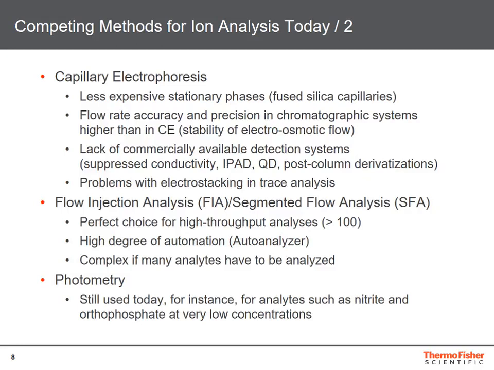Last but not least, photometry, still very popular today, for instance for the analysis of nitrite or orthophosphate at very low concentration, an analysis which is usually done in contract laboratories photometrically.